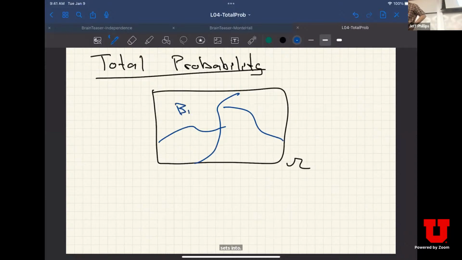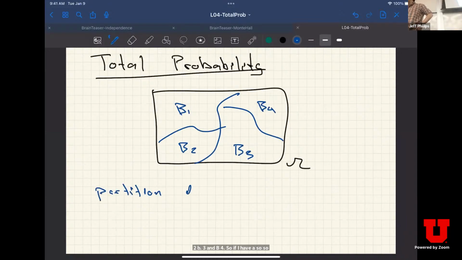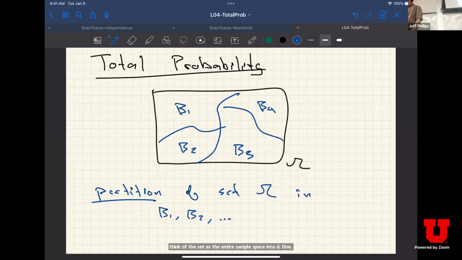Call this region B1, this region B2, B3, and B4. So if I have a partition of a set, and for this rule to be useful, think of the set as the entire sample space, into B1, B2, up to BK, okay?